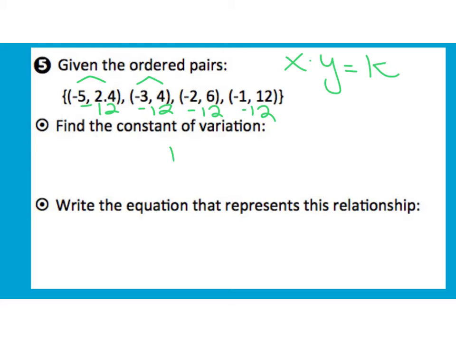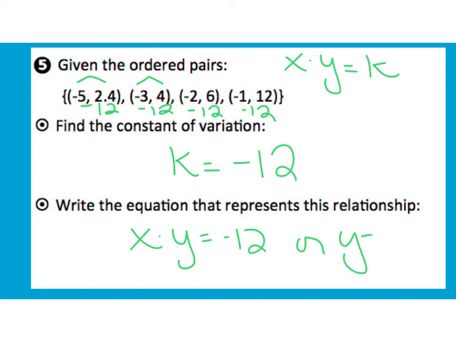All right, so I got it. My constant of variation is -12. So I could say x times y equals -12, or y is equal to, in general form, -12 divided by x.